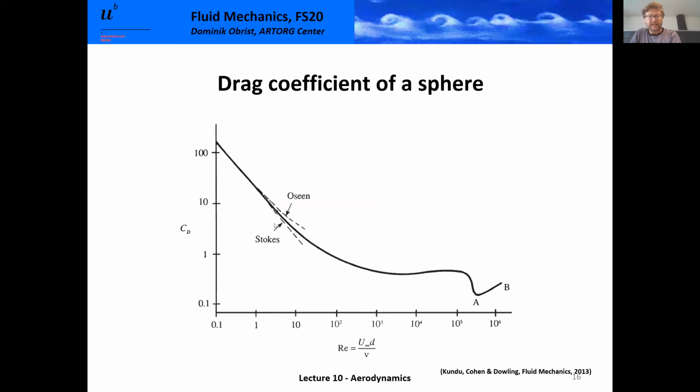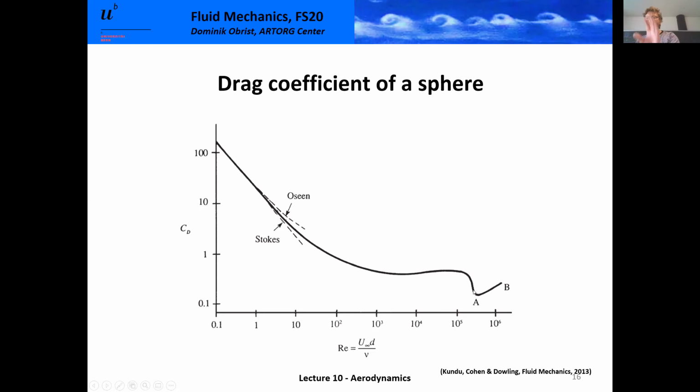Here we see again this full picture of all drag coefficients for a wide range of Reynolds numbers. For a sphere, the well-known result for very low Reynolds numbers is the Stokes drag result, 24 divided by Reynolds. Here we have this range where we have a turbulent wake but a laminar boundary layer with a more or less constant drag coefficient.